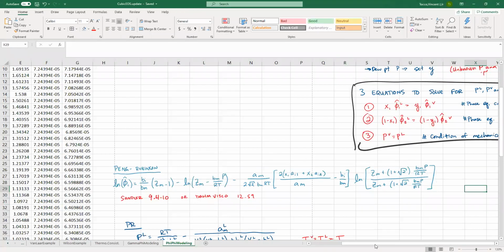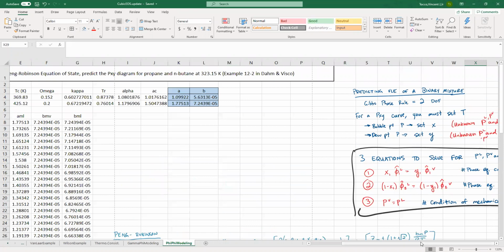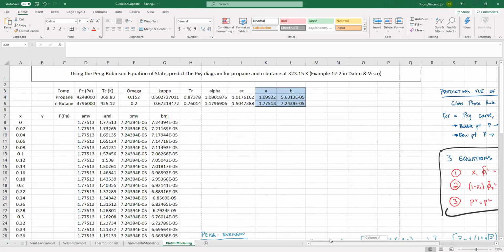Okay, I realized I misspoke a little bit when I said unknowns. My unknown is actually not pressure of the liquid and pressure of the vapor. It's molar volume of the liquid and molar volume of the vapor. I'm going to fix that real quick. Whoa, that was weird. V, L, I don't know what's going on with my stylus. These are my unknowns, and Y is my other unknown. So molar volume of the liquid and molar volume of the vapor are going to be two other columns that I will have to solve for.